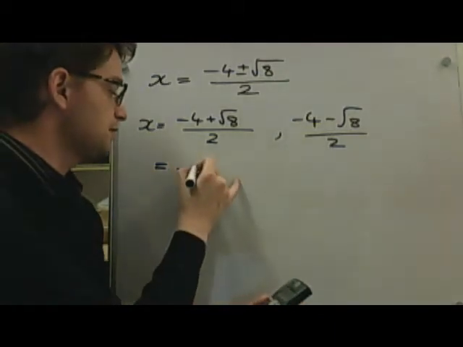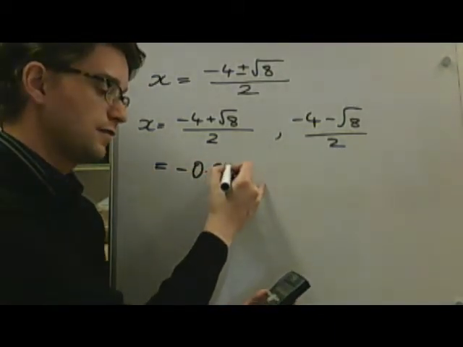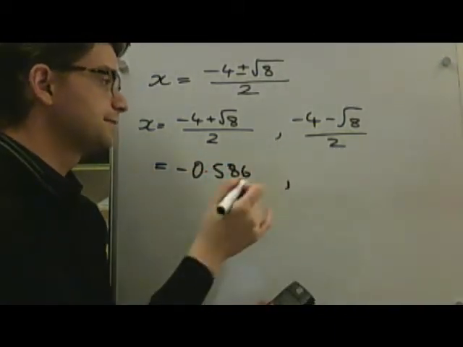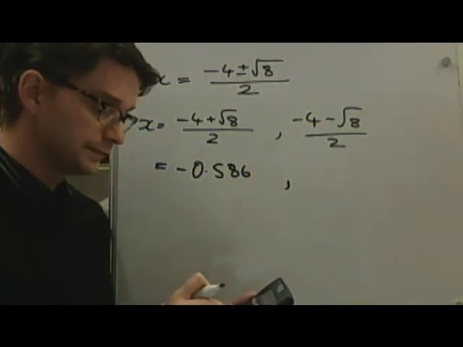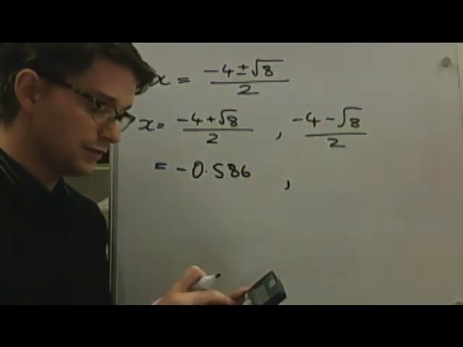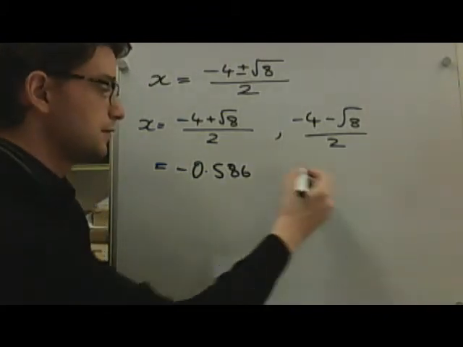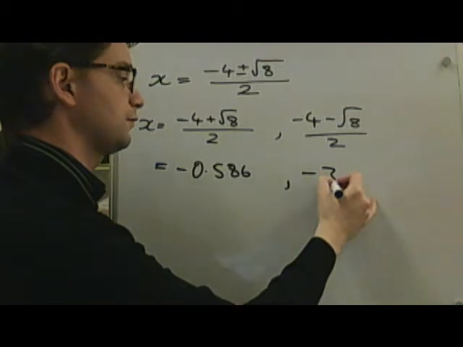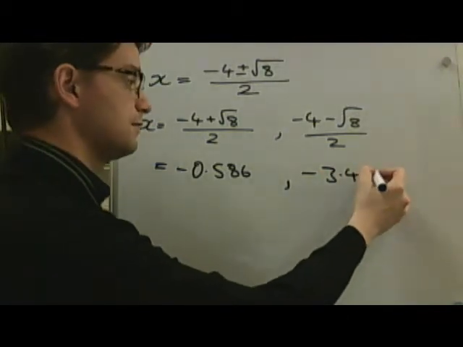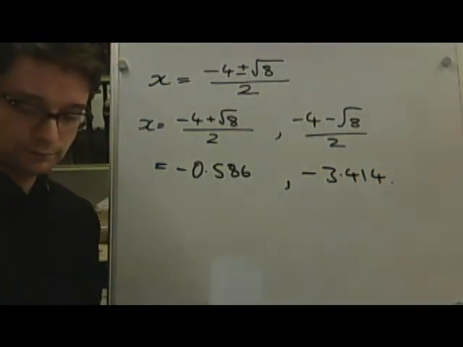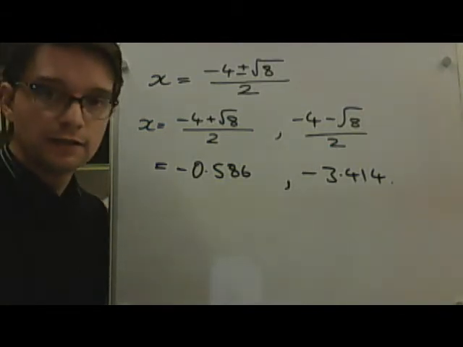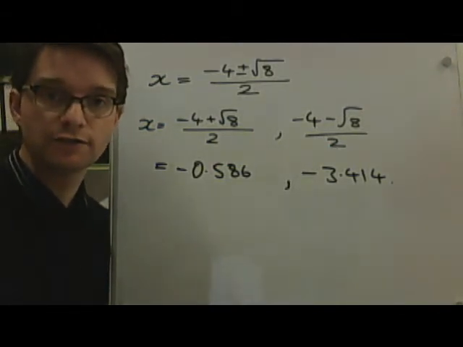But I think I get minus 0.586. Now this one, minus 4 minus root 8 divided by 2, is minus 3.414. That's an example of solving a quadratic equation with the formula.